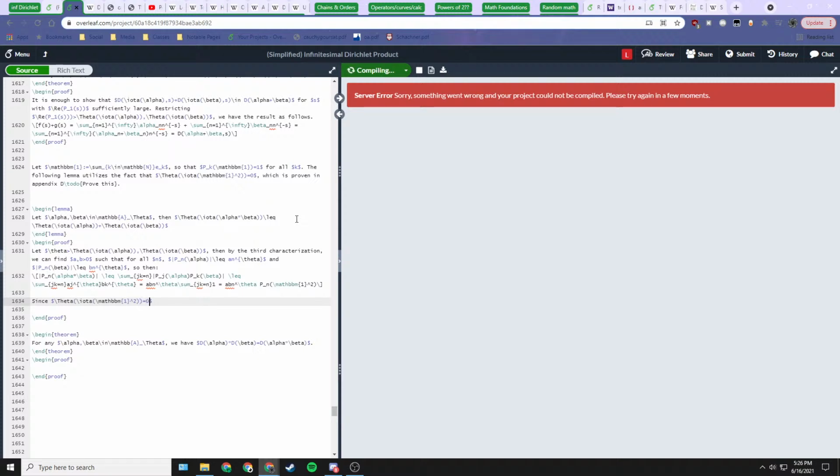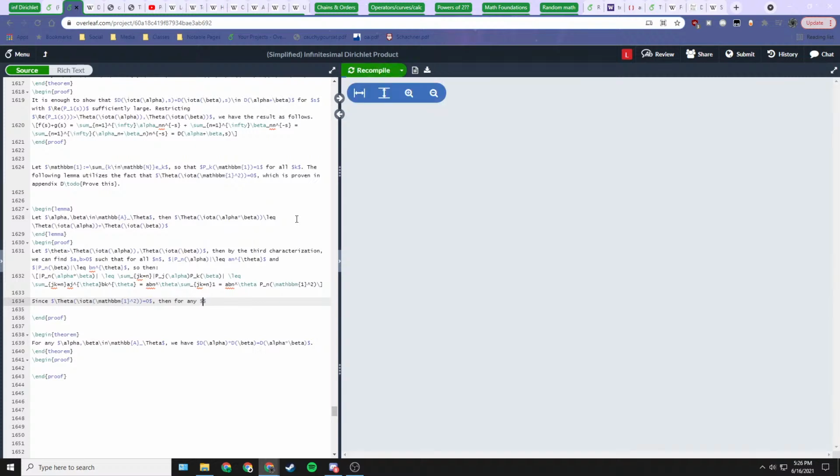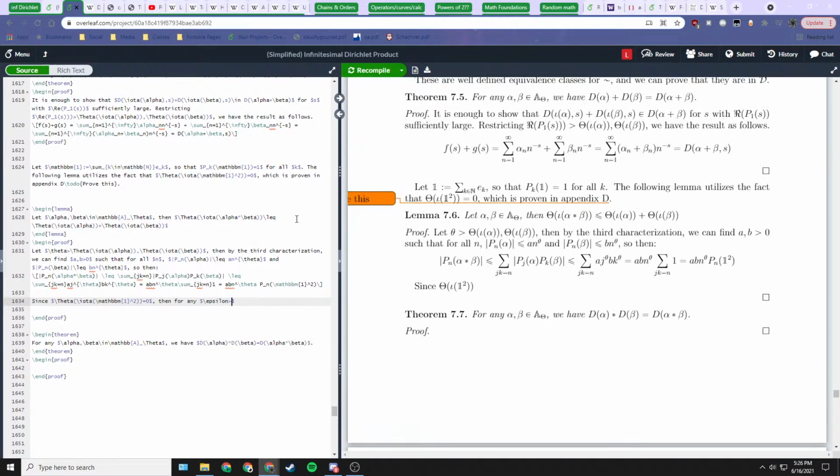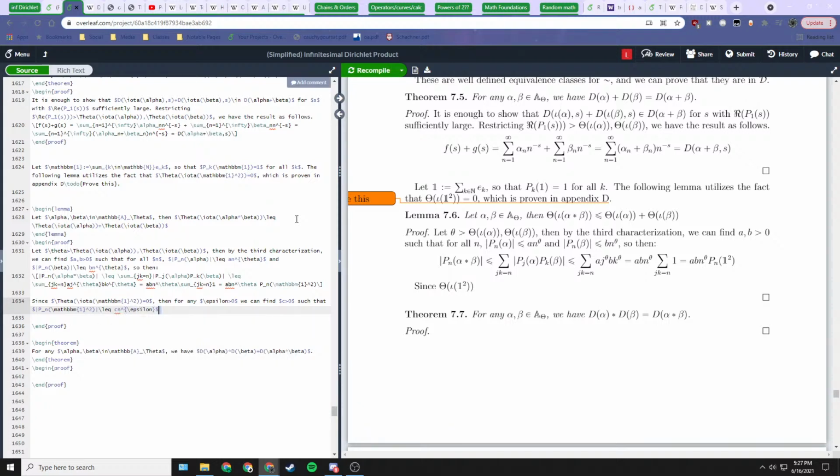So this is 0, and for any epsilon greater than 0, you can find c greater than 0 such that the m1 squared, so this is p_n squared is less than or equal to, this should be absolute value, less than or equal to c n power epsilon.